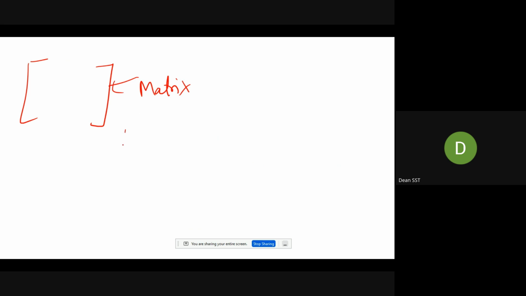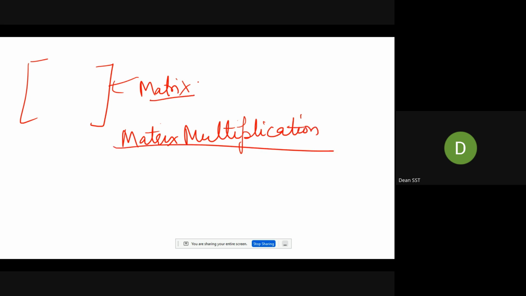Now, how do we perform matrix multiplication? How many matrices can we multiply at a time? 2 matrices. Singular is matrix and plural is matrices.